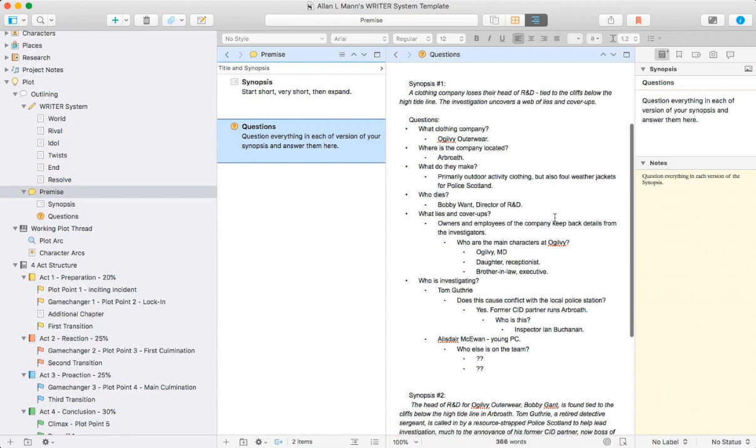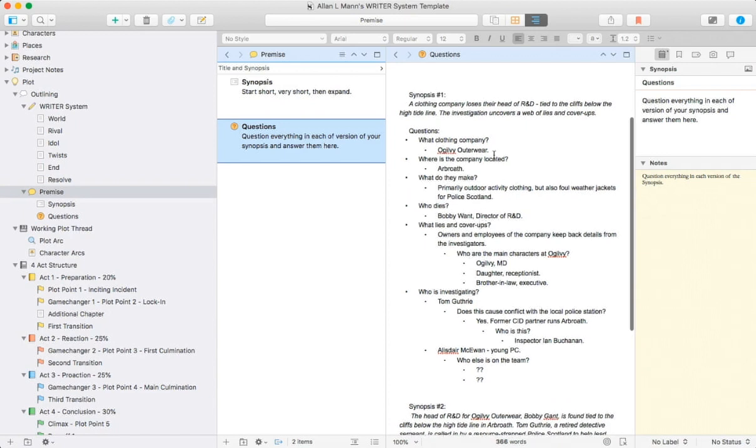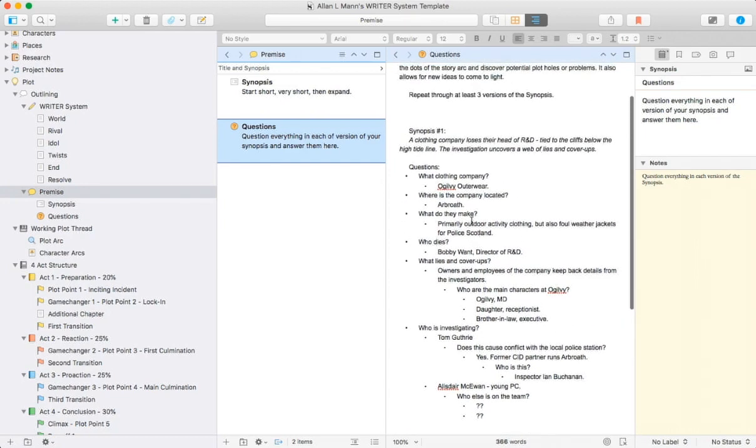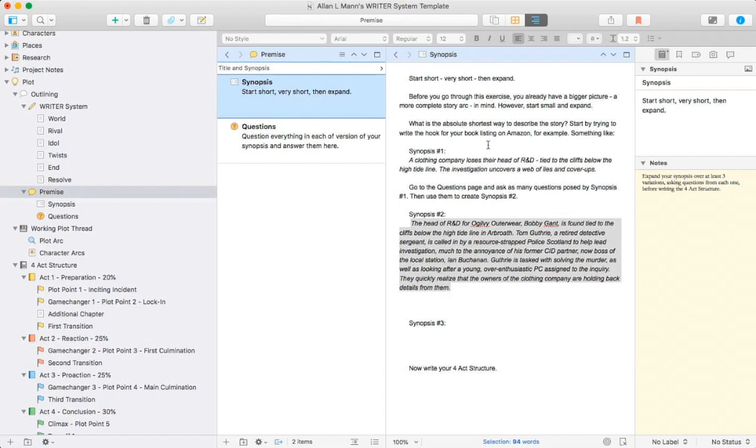Who's investigating? So all of those questions come out of this one synopsis. So you take those answers to that set of questions from synopsis number 1, and you go back to your synopsis and you write synopsis number 2.